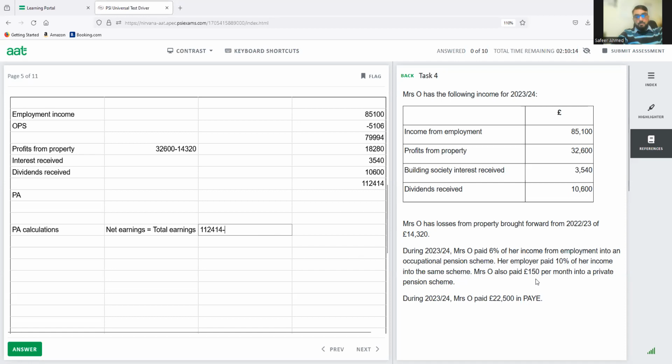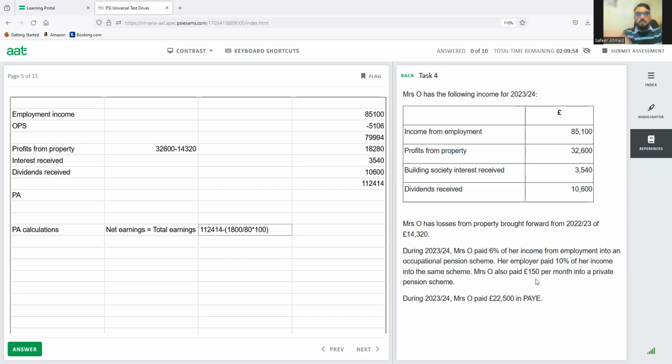Now, 150 times 12 is 1,800, but that's net contributions, and in order to make it gross, it will be divided by 80 times 100. So in other words, I will write here 1,800 divided by 80 times 100.